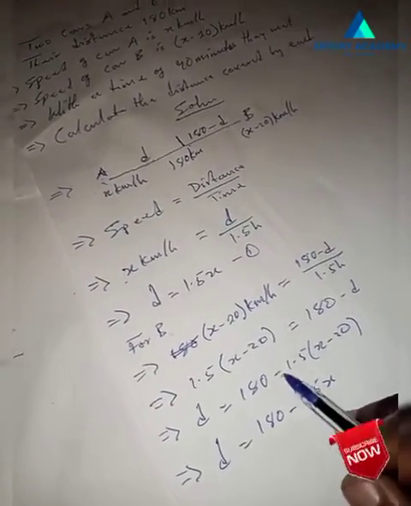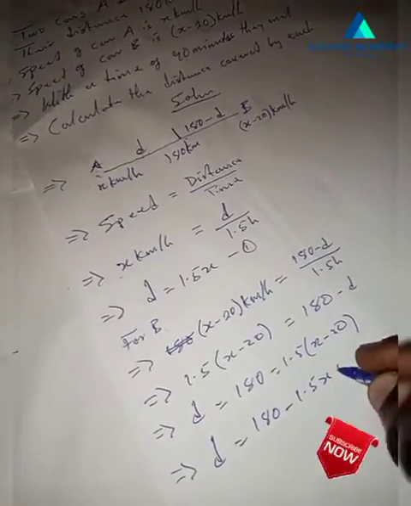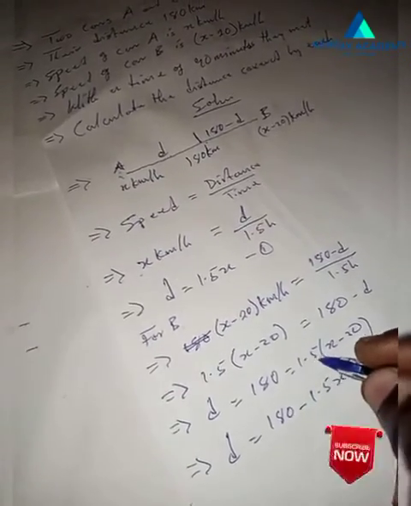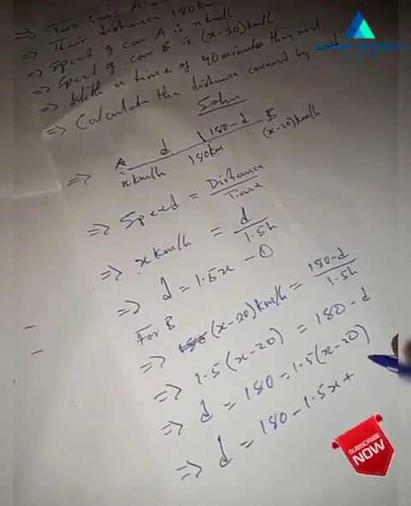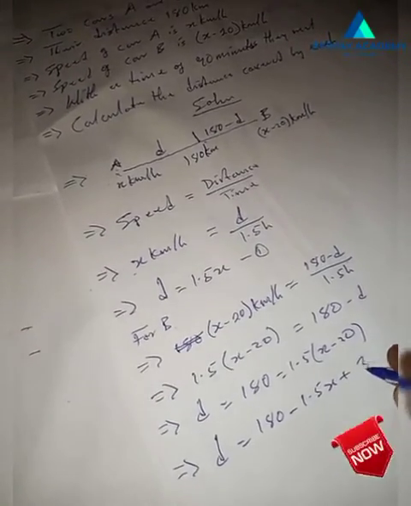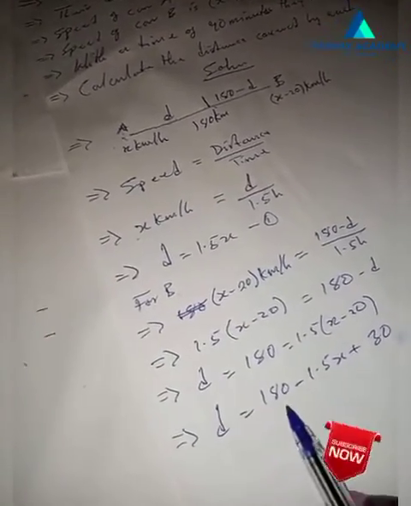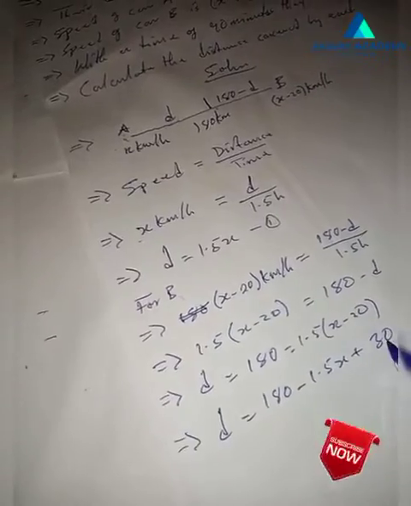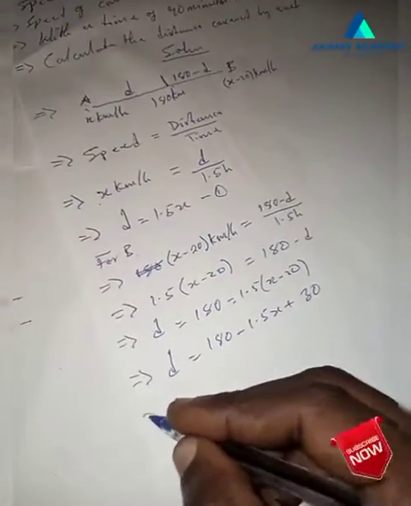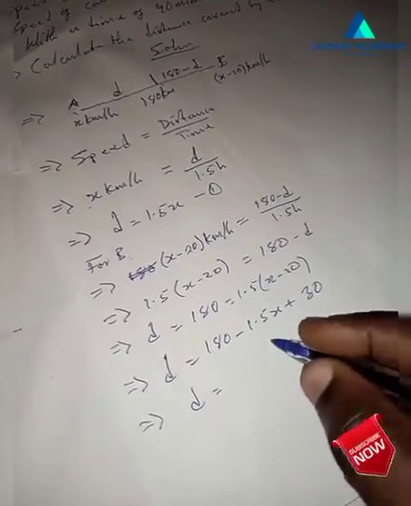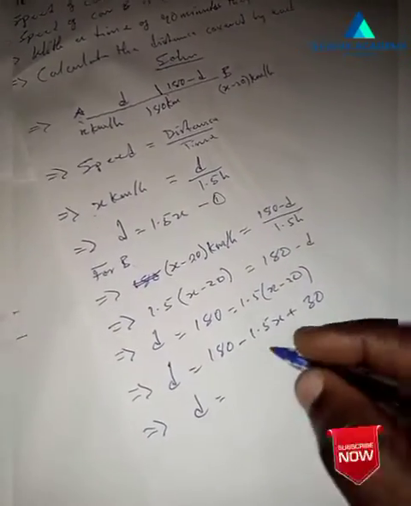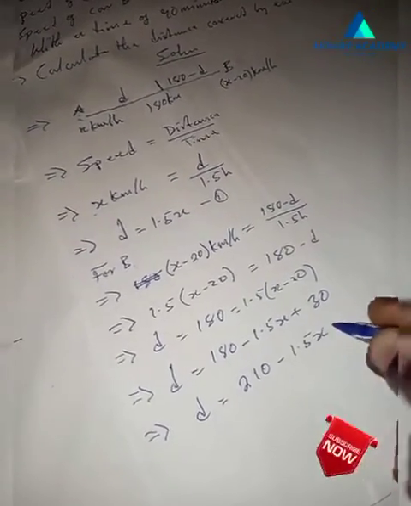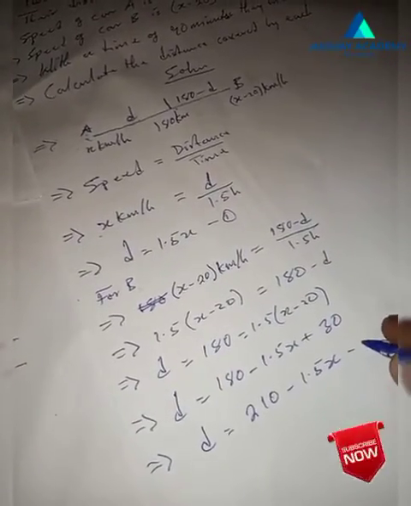Then minus times minus gives positive, and 1.5 times 20 gives us 30. So D equals 180 plus 30 minus 1.5x. We can add 180 and 30 to get 210. So D equals 210 minus 1.5x. This is our equation 2.